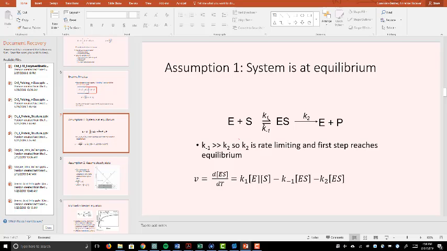And for this to work out, that's our slow step. But this is really here to segue into the second point, which is we're assuming the steady state.